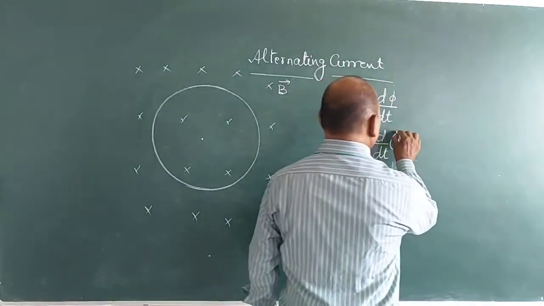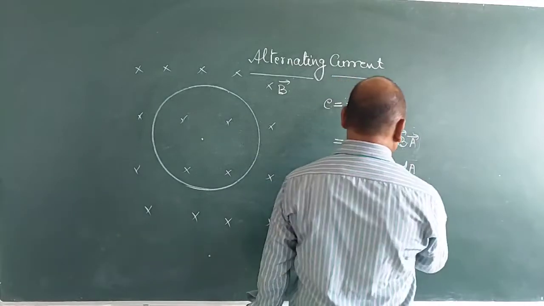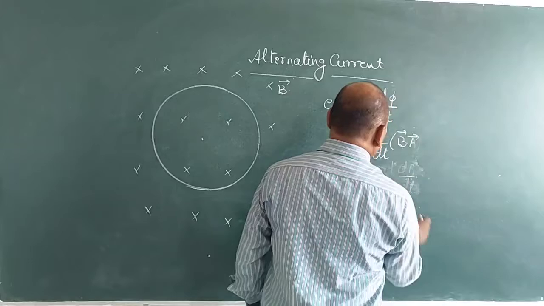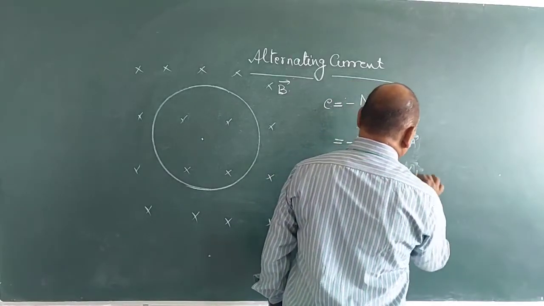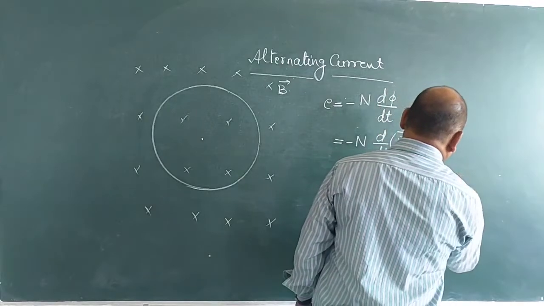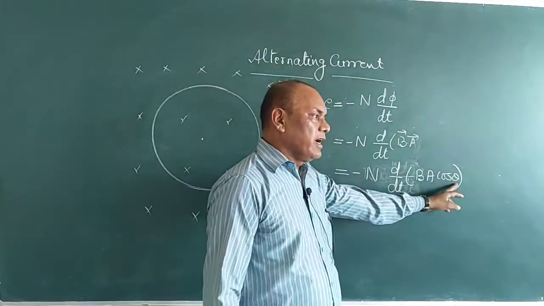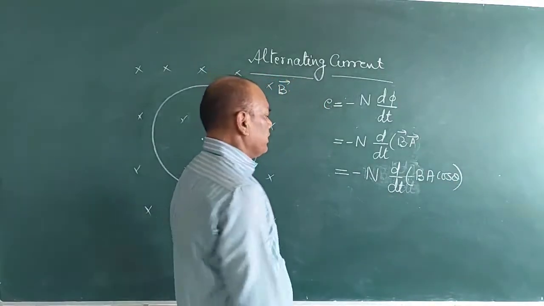But this is vector B dot vector A, so it will be written this way, sorry for this, N d by dt of BA cos theta, where theta is the angle between vector B and vector A at any moment.